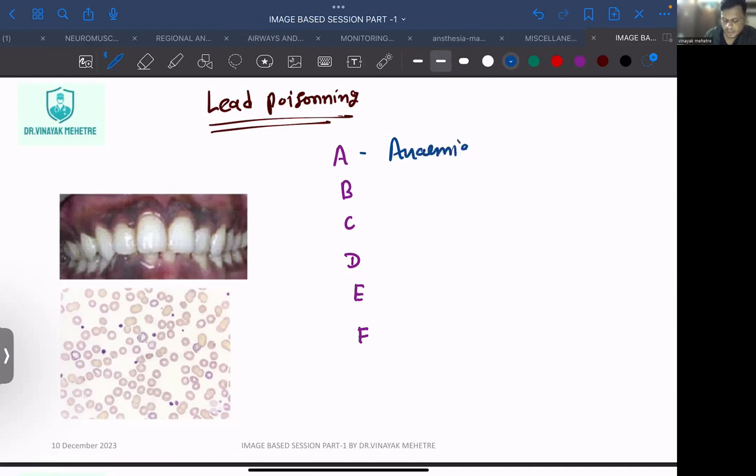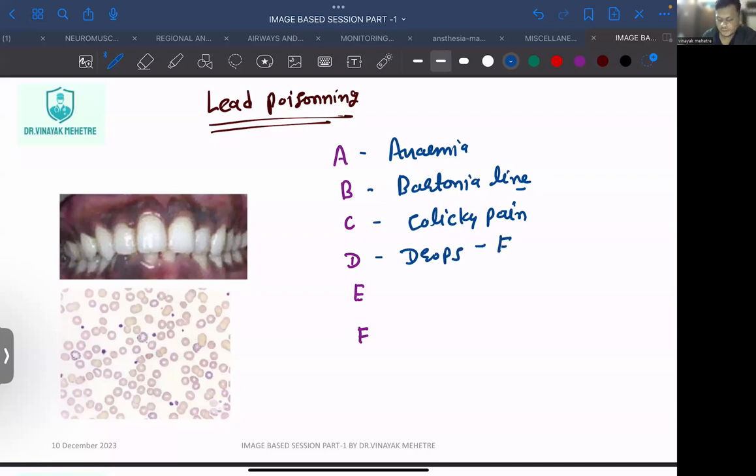Anemia: headache, dizziness, shortness of breath, pallor, Burtonian line on the gum. Why was there abdominal pain? Colicky pain. What drops are seen in this? Foot drop and wrist drop. The patient was disoriented; the reason is encephalopathy, so the patient will have some kind of madness symptoms.